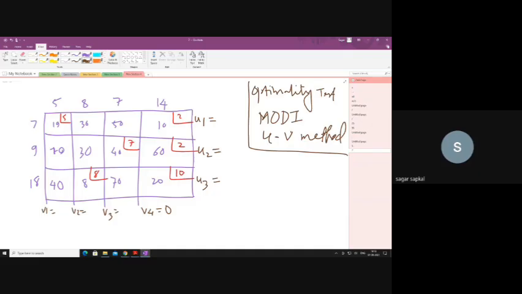Now find these U_i and V_j values by considering the equation Cij is equal to U_i plus V_j for occupied cells. Now tell me, using V4 equal to 0, can you find U1, U2, U3?